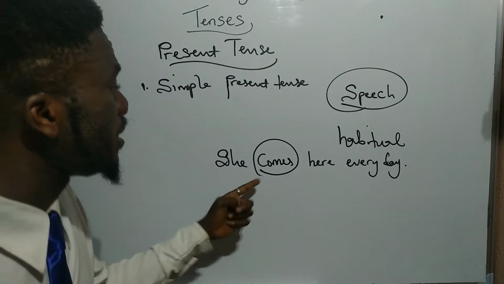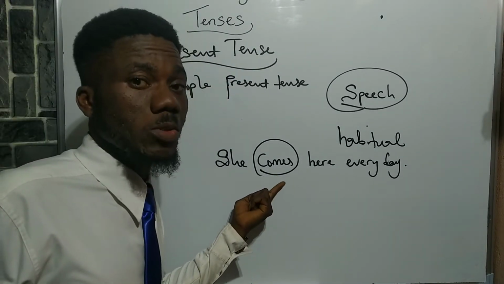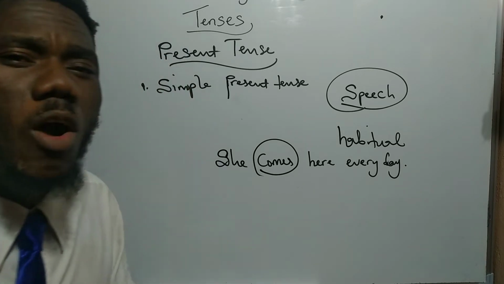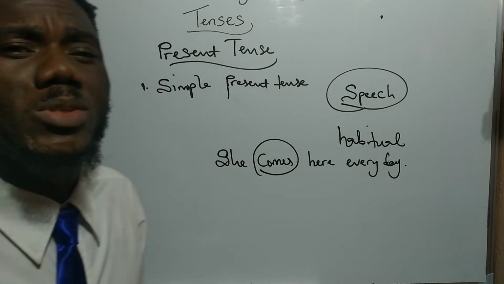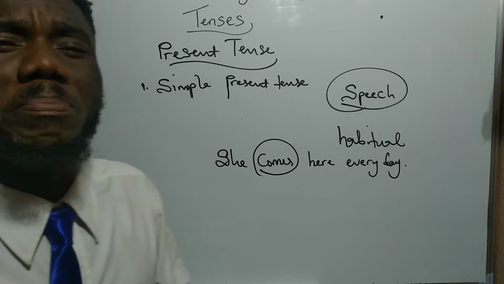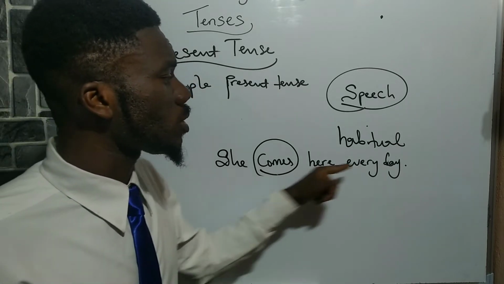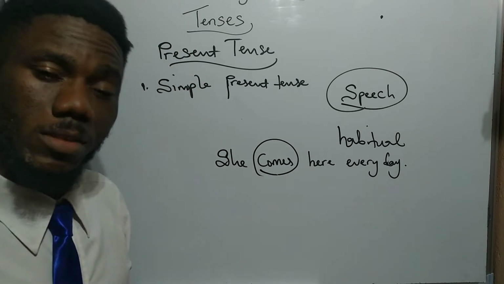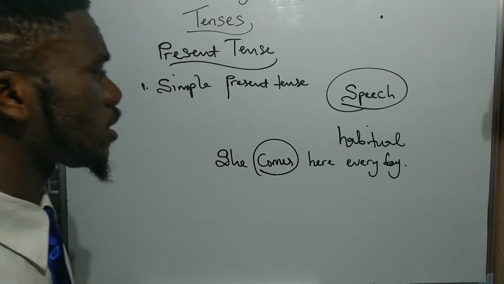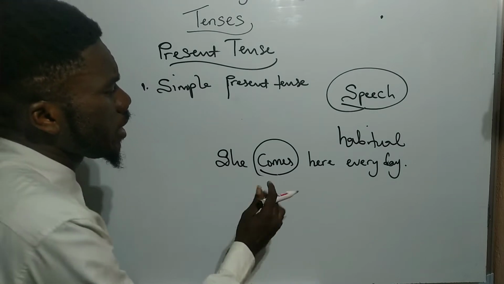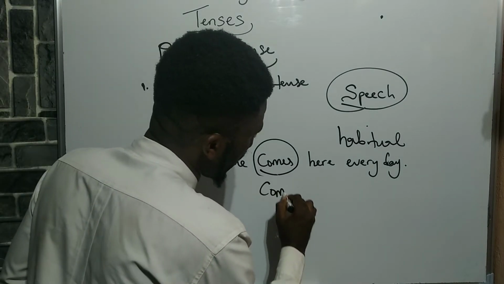What it means is that her action of this comes you see here is an action that she performs always. It comes frequently. It comes repeatedly. It is habitual. That is why you have every day. She comes here every day. Is that clear? All right. Apart from that, you might sometimes see, instead of comes, you will see come.